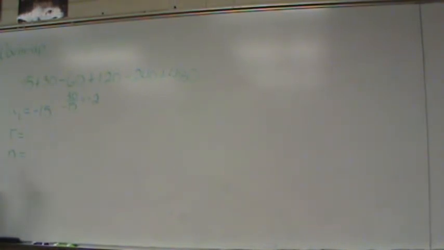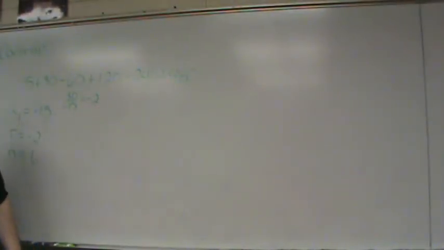In this case, it's negative 2. And then what's our N value? Our N value is 6. This time we don't have to use the explicit formula because we're given all of our terms. We have 1, 2, 3, 4, 5, 6 terms, so we already know our N value.